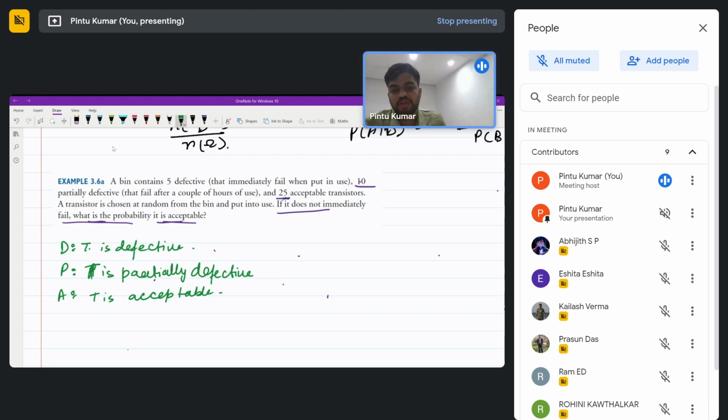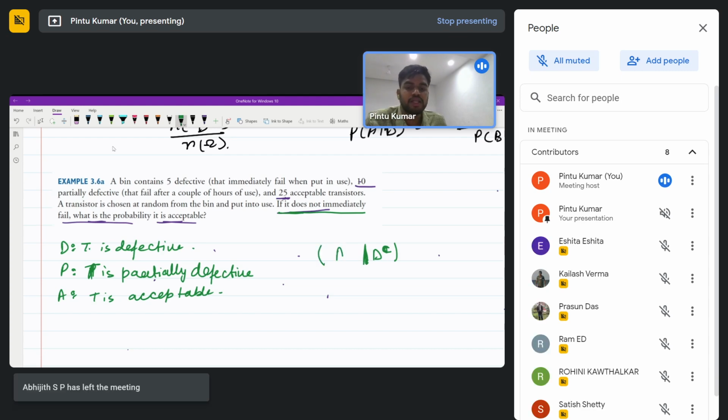So what is asked in the question? It is given that it does not fail immediately, that is, the transistor does not belong to the set of transistors that will fail immediately. So you are given that D complement has happened. What is the probability that it is an acceptable transistor? This is what you have to find.